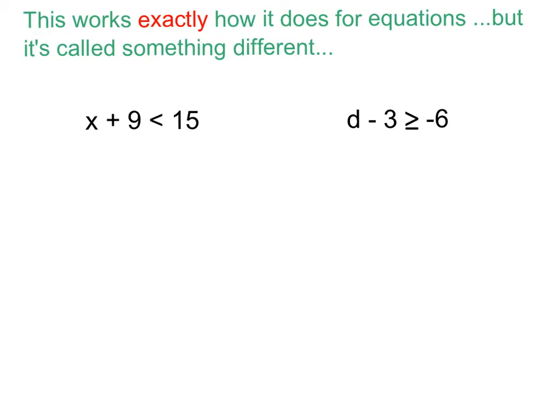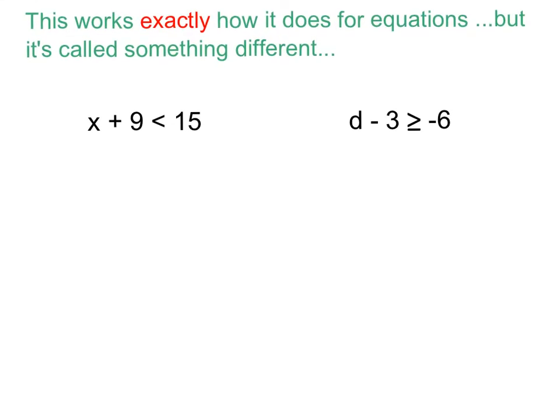We could think of numbers that we could put in for x that would make this true, but we're just going to solve this like we would with an equation. If I'm adding 9, I'm going to subtract 9 from both sides. This is exactly what we did in chapter 2. Since I subtracted 9, both of these cancel, and I get x is less than 6. Every number that's less than 6 is going to be appropriate for this inequality.